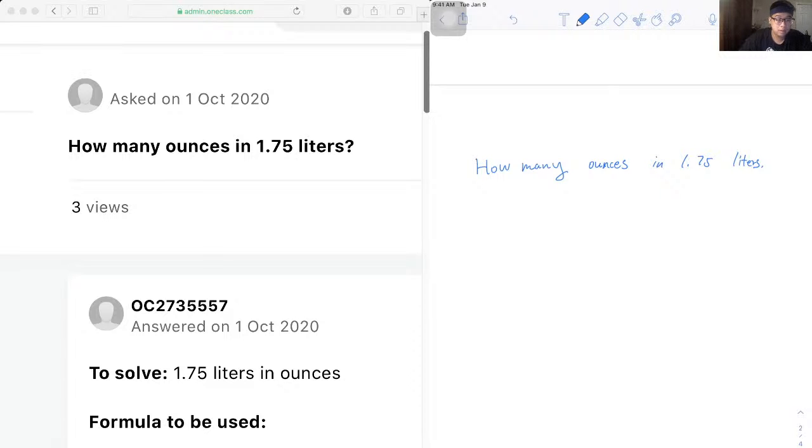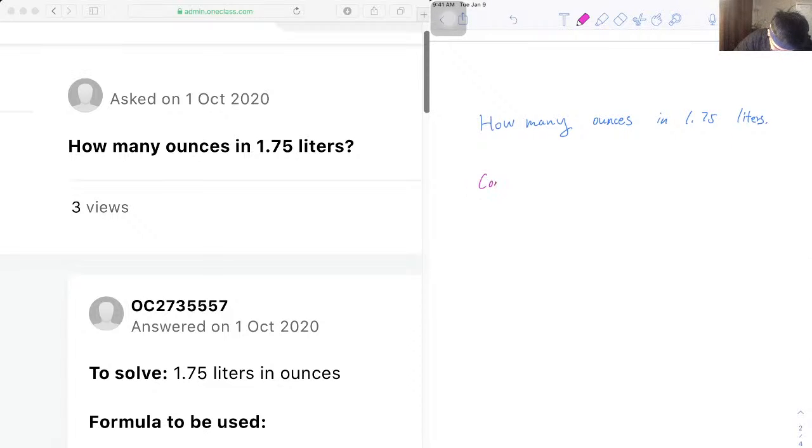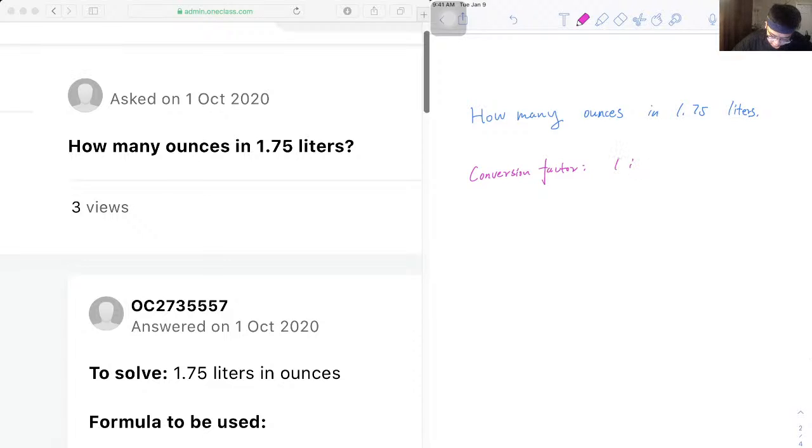Whenever we come across a question that asks us to convert something in one unit into another, we always need to think about our conversion factor first. In our case, 1 liter is equal to 33.814 ounces.